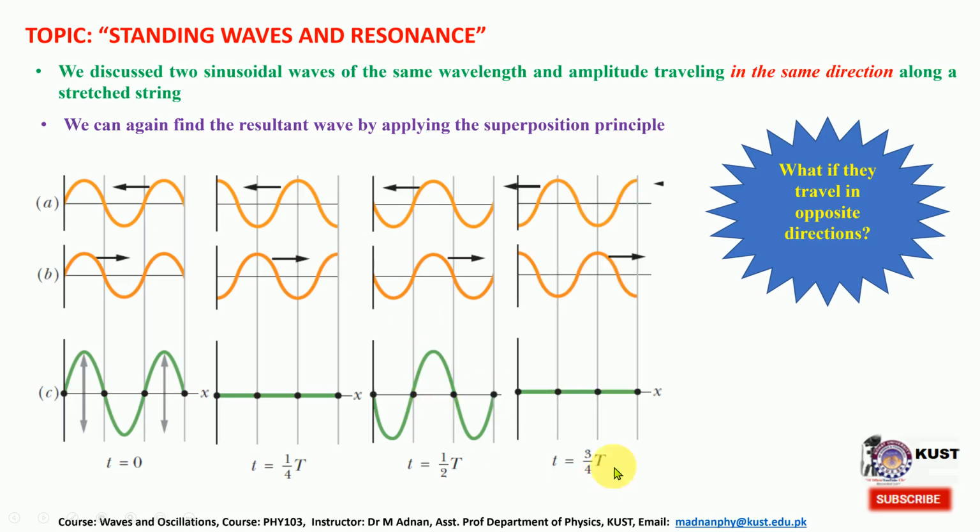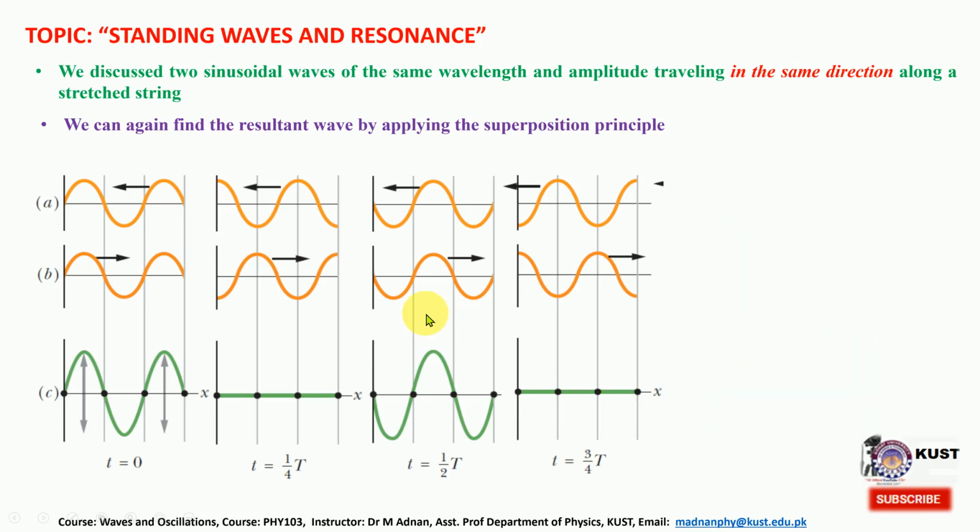Now if we take another snapshot, again we get a zero displacement line relative to the transverse direction. If we take another snapshot at exactly this time, we again get zero displacement.